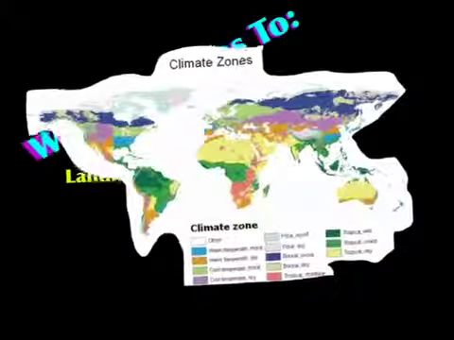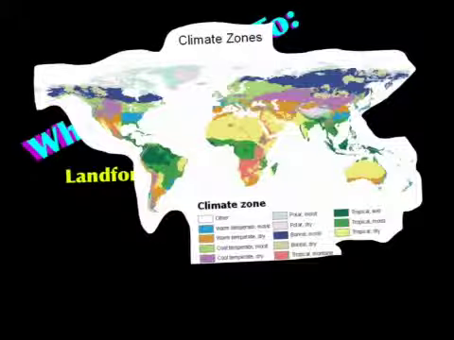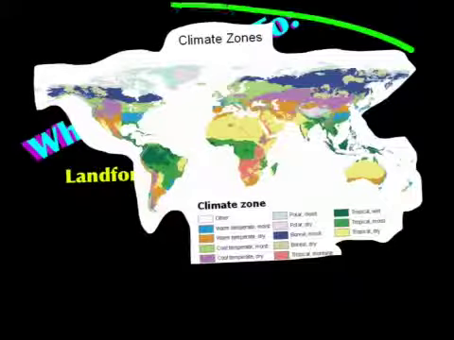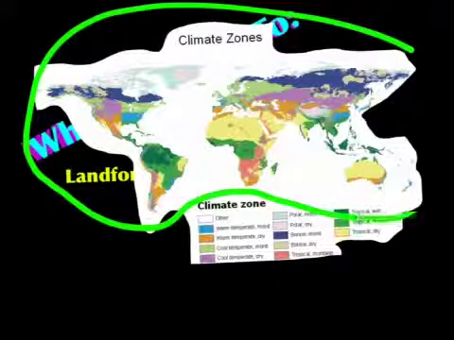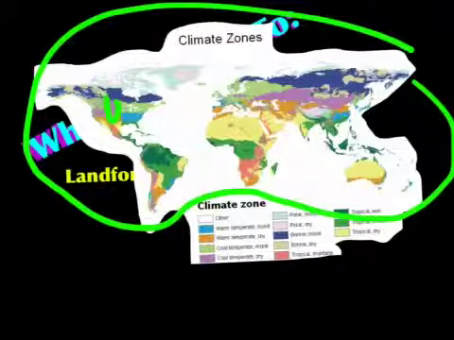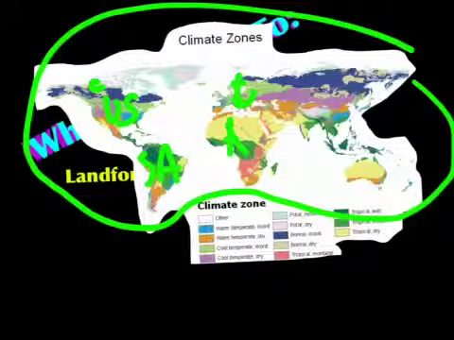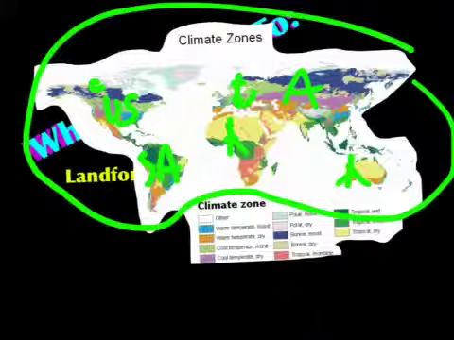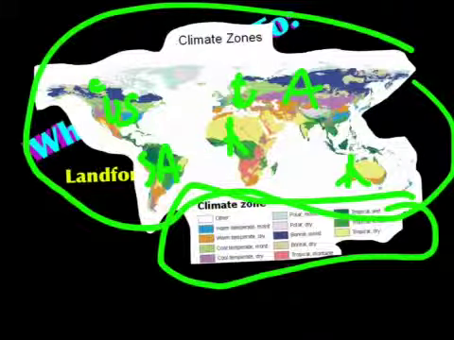When the climate happens, this is what a map looks like for the landforms. These are the landforms. So here's the US, Canada up here, and there's South America, Africa, Europe, Asia, Australia, and all of these have different climate colors that show, which are here down in the key.